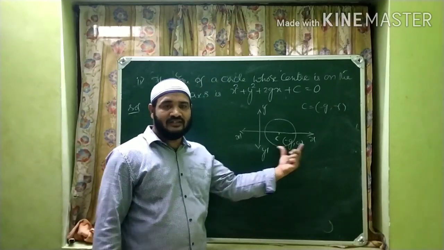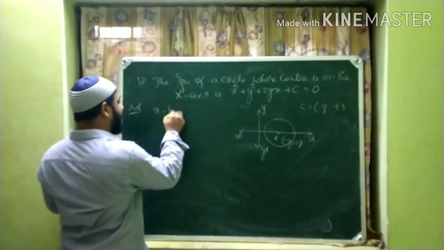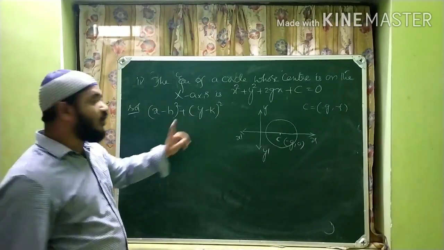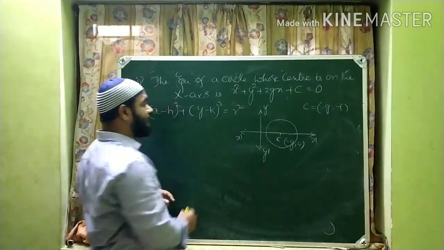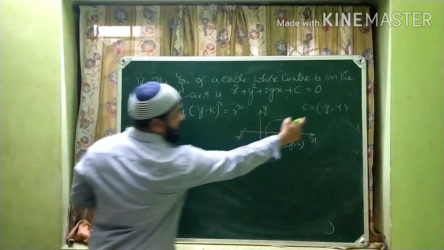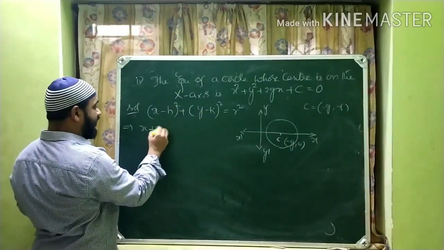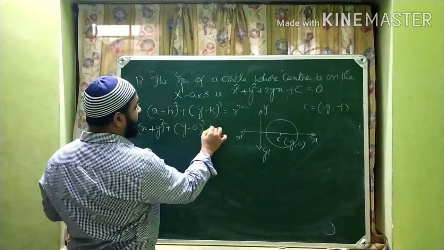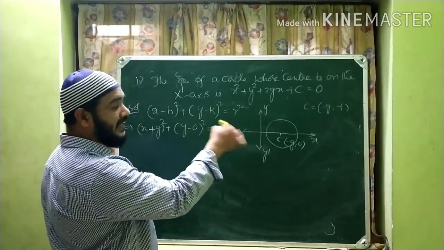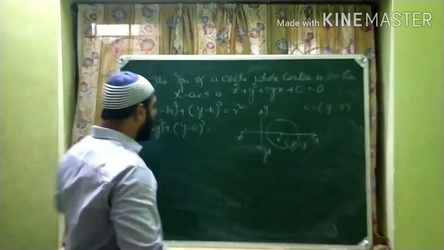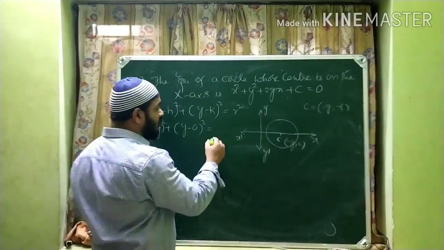Yes, it is x minus h whole square plus y minus k whole square equals r square. So here x minus, what is h? Minus g. So x plus g whole square plus y minus 0 whole square, because the center is lying on the x-axis. So here what is r?